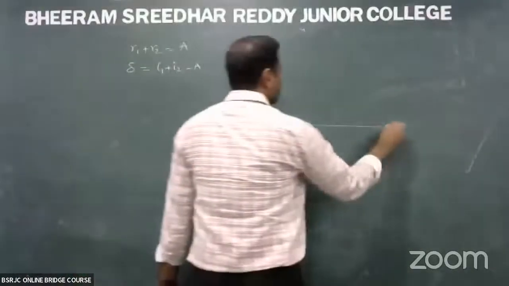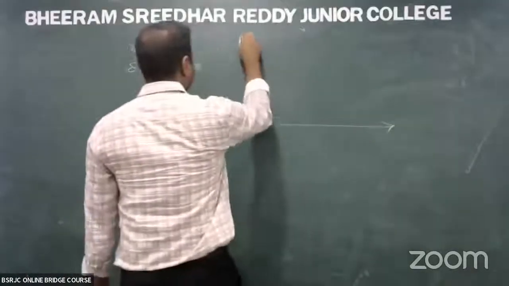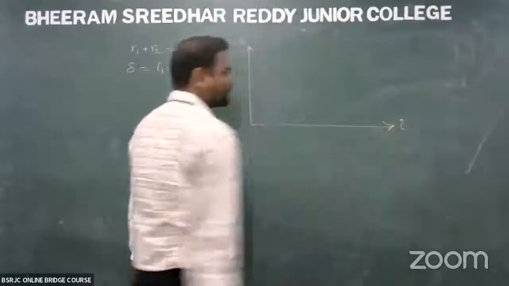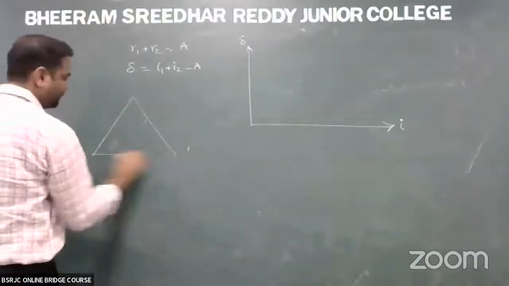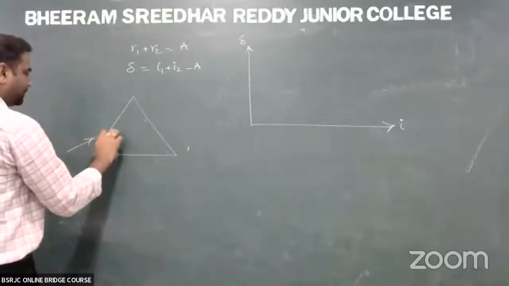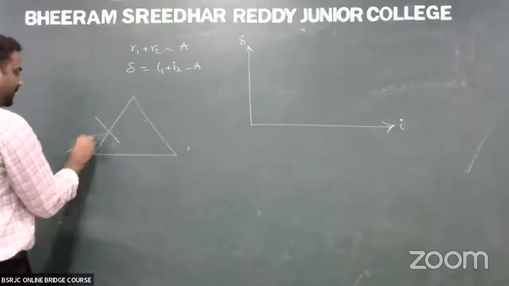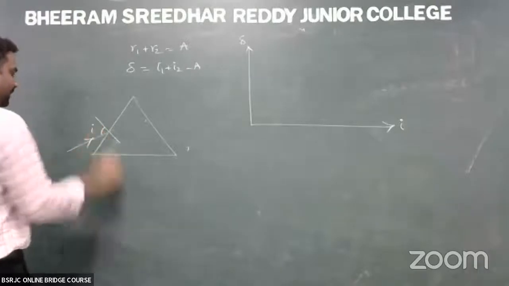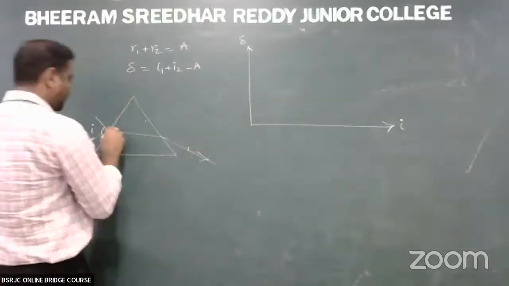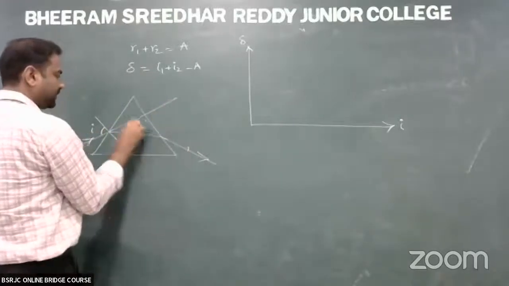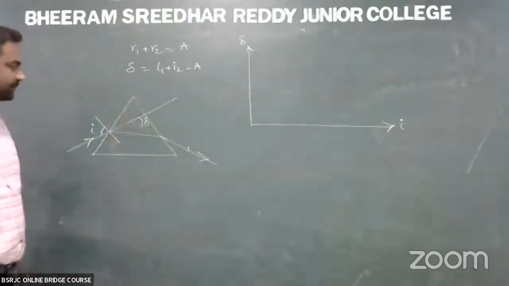Now, if you draw the graph between angle of deviation and angle of incidence, okay. So this is the prism, no? This is the ray. This is the perpendicular. Then angle of incidence is I. Then the ray will come out, and if you extend, this is called the deviation, right?